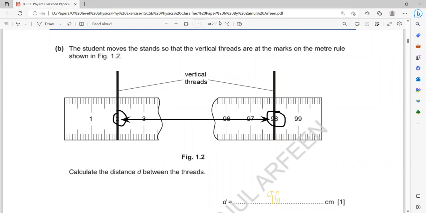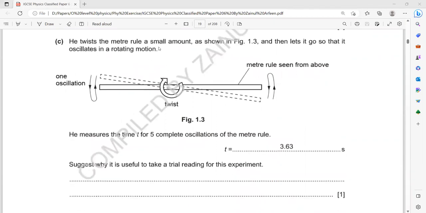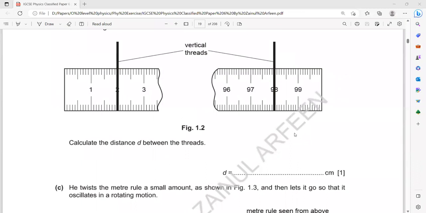It is already given here, but I'm mentioning it in case they did not. So centimeter and millimeters are used. He twisted the meter rule a small amount as shown in figure 1.3. Then he let it go and it oscillates to and fro. If they did not mention the unit, you can write your answer in millimeter as well.